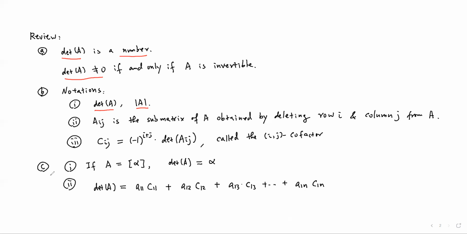Then review number 4. For a 2 by 2 determinant, A11, A12, A21, A22.